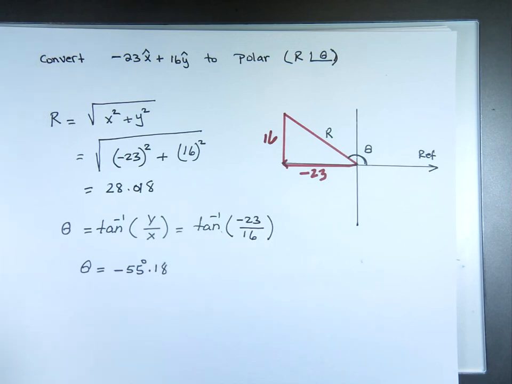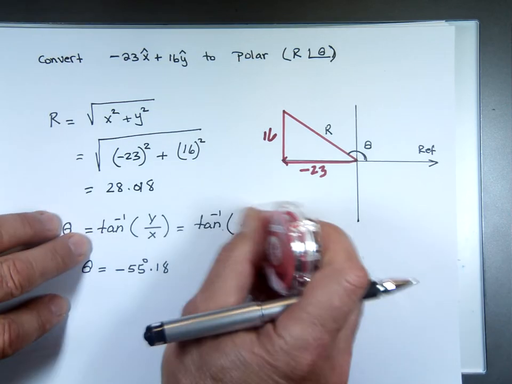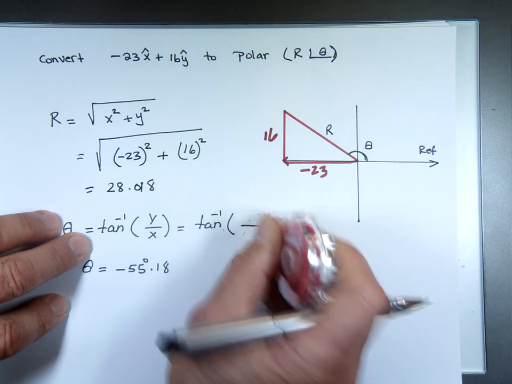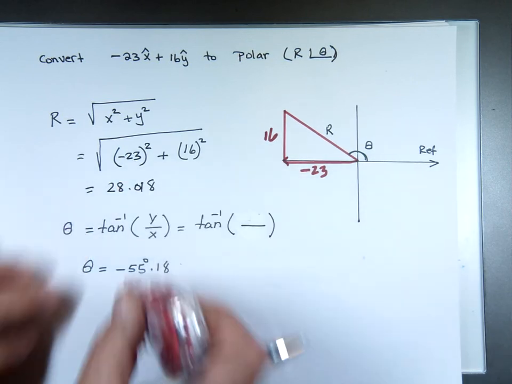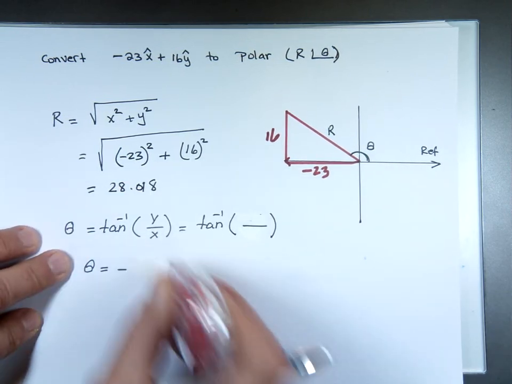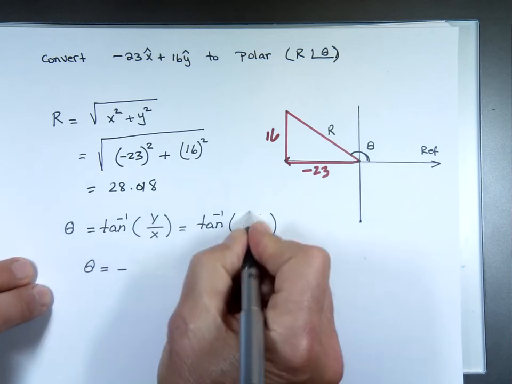Well, negative 55.18, which quadrant is that? Isn't it supposed to be 16 over 23? Y over x. What did I say? X over y? Yes, thank you. Y over x. I wrote them backward. Good. I'm glad you're paying attention. 8 o'clock in the morning is too early.